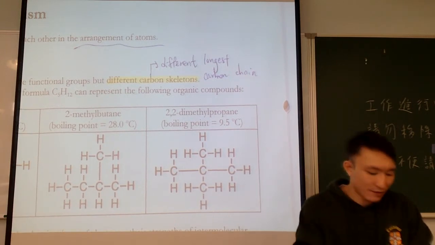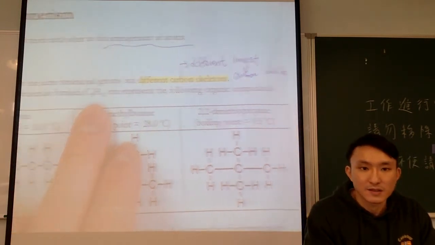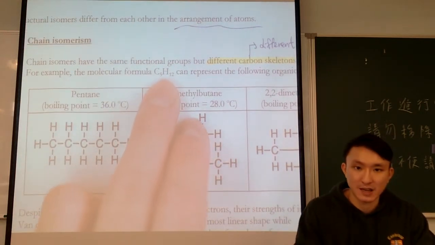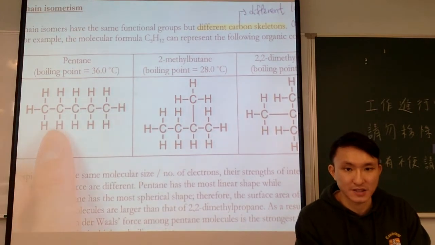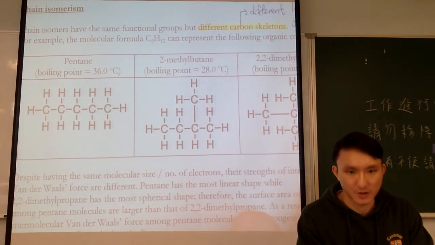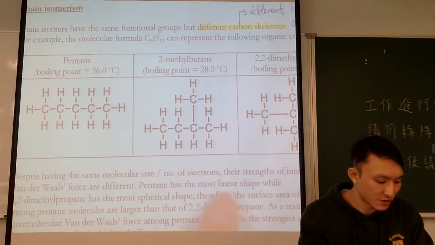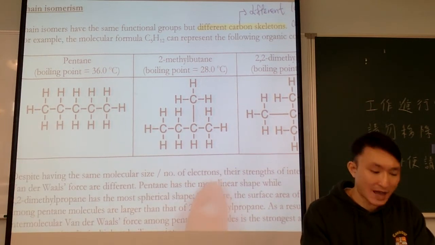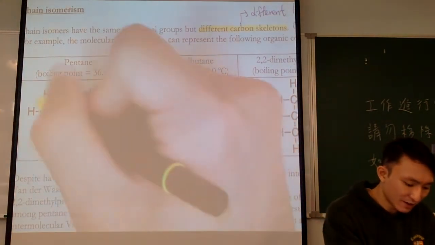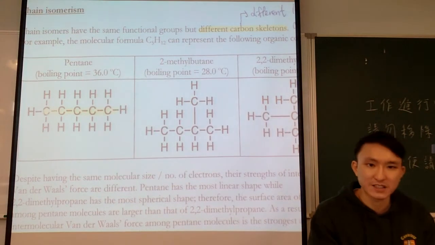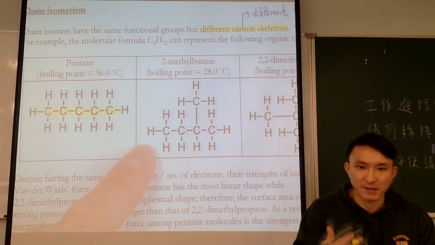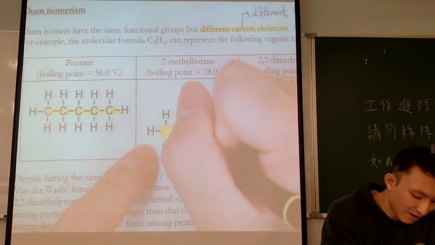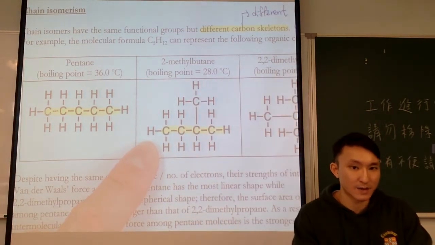Now, let's look at this example. C5H12 is a 5-carbon alkane, but this molecular formula can represent 3 structural isomers or 3 chain isomers. This one is a pentane. So pentane, the longest carbon chain is 5, right? Now this one, 2-methylbutane or just methylbutane, you see the longest carbon chain has only 4 carbons.